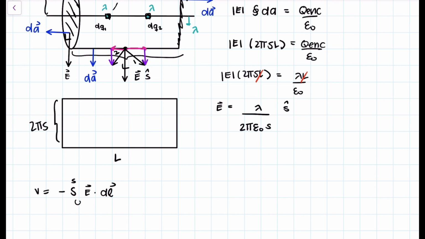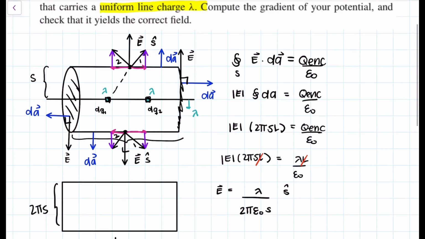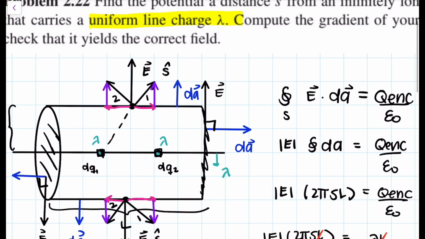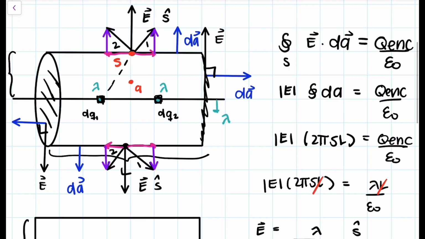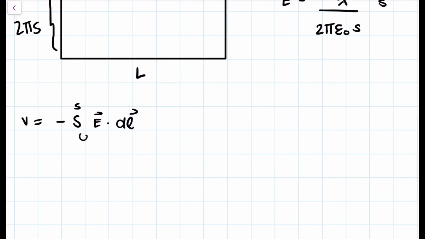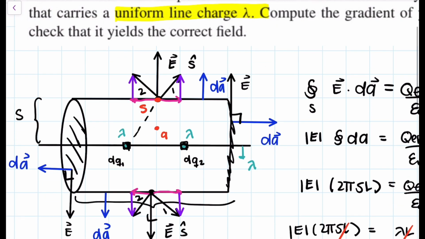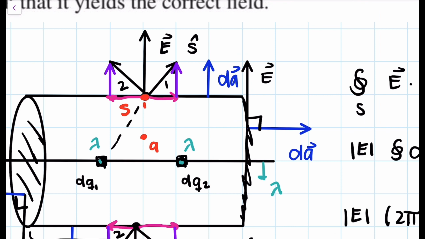So we can pick another point and call it A. In our diagram, A is found right here and s is right here. And we need a dl element, a very tiny element of length. From A to s, we are going in the s hat direction, and it would simply be ds. So this is equal to dl.